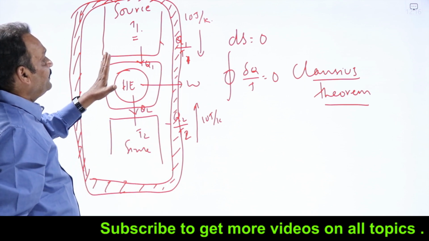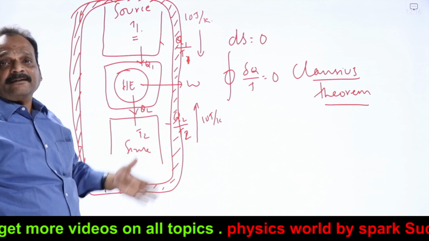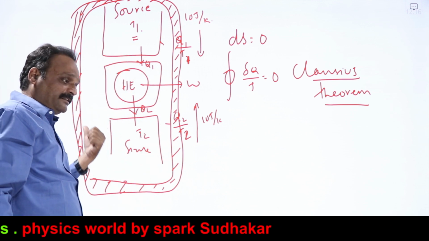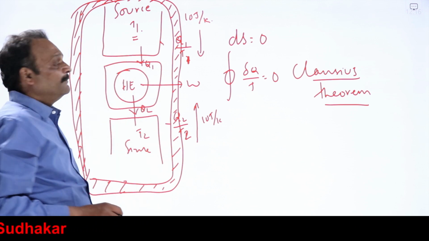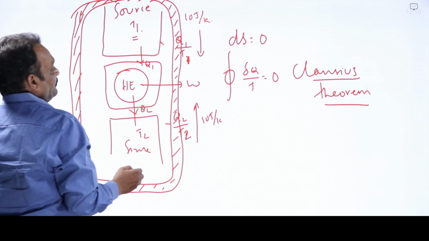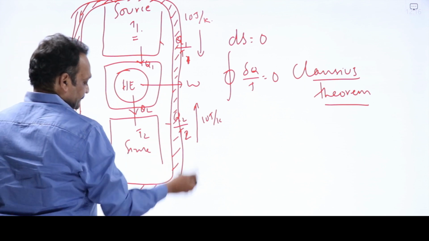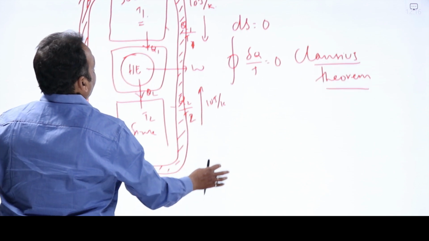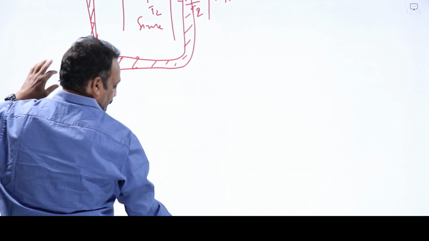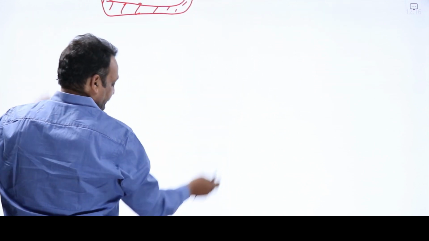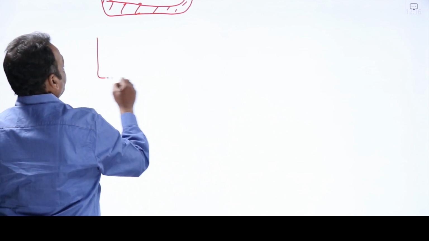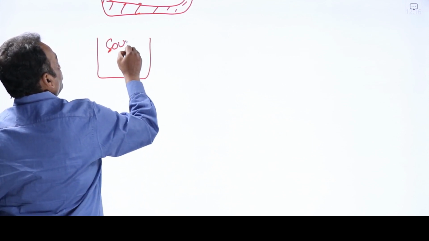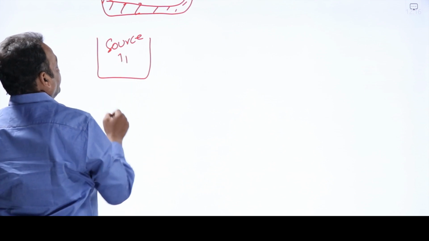Now, if it is not a reversible process, suppose this is not a Carnot reversible engine, it is an irreversible engine. In an irreversible engine, what will happen? Now take this out. Again, we'll go back to our heat engine and source separately. Either way we can do it. This is our source at higher temperature T1.